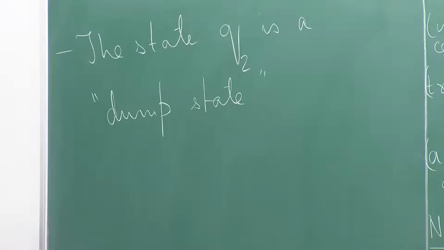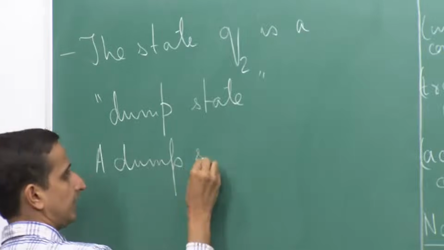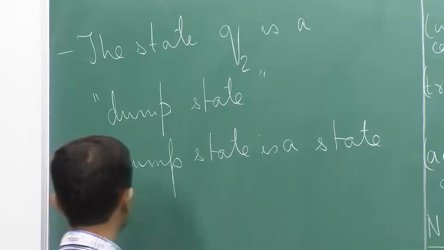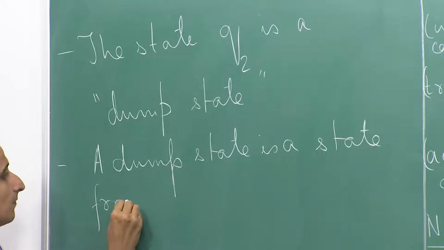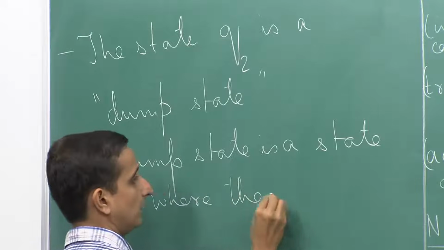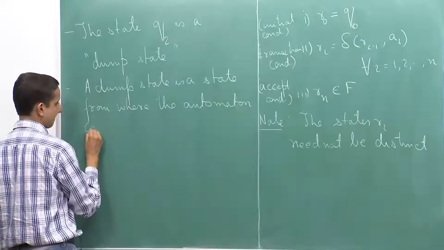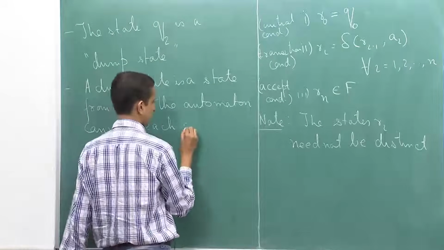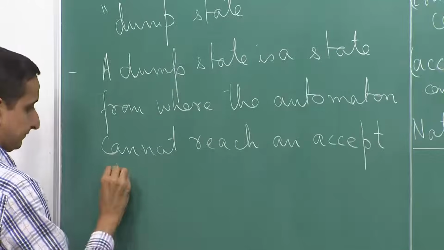Formally, if I want to define it, a dump state is a state from where the automaton cannot reach an accept state.